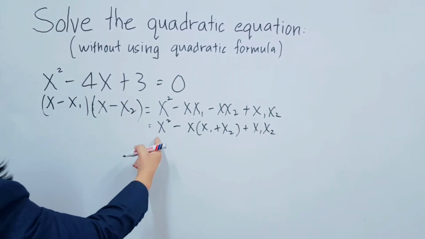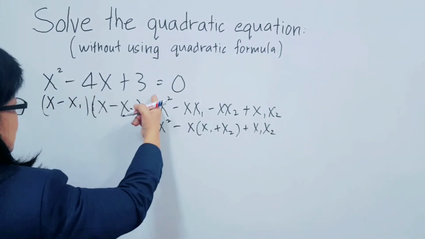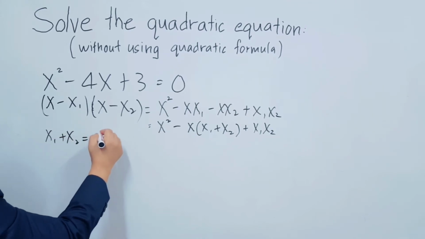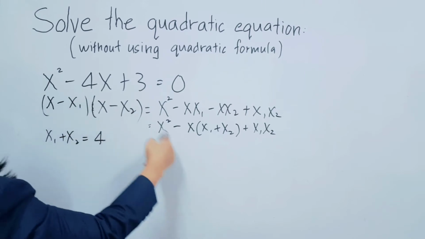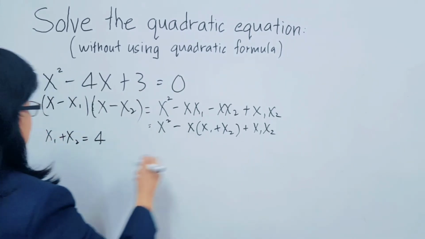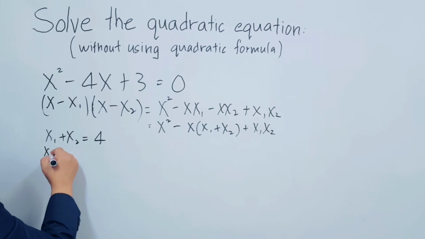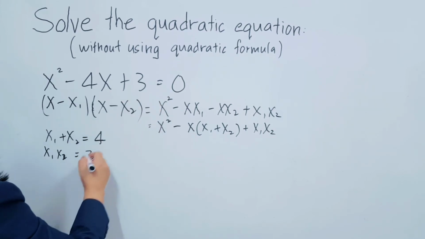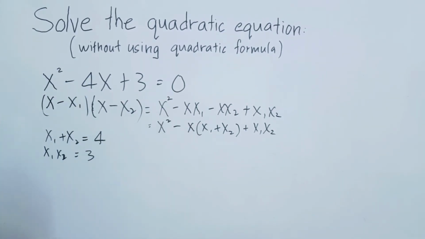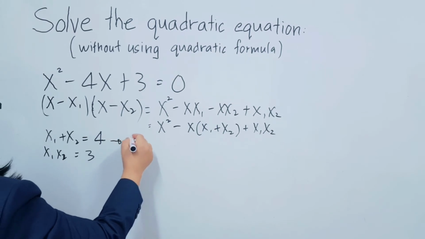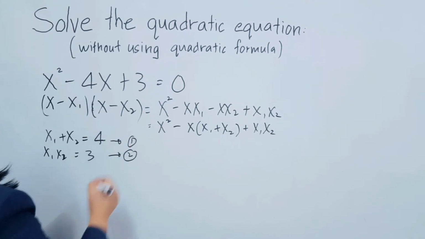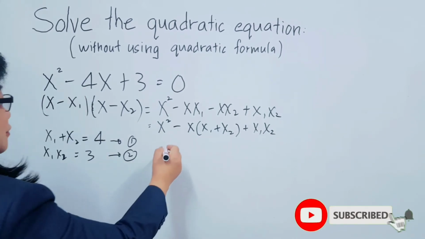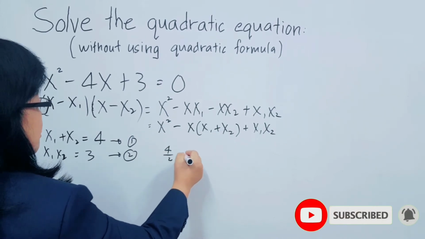Therefore, if you compare this one and this one, we can see that x1 plus x2 is equal to 4. And the product, x1 times x2, is equal to 3. We can see this one as equation 1 and this one as equation 2. Now, if we take the midpoint of 4, dividing it by 2, it is equal to 2.